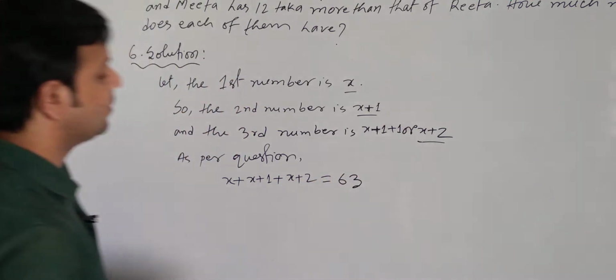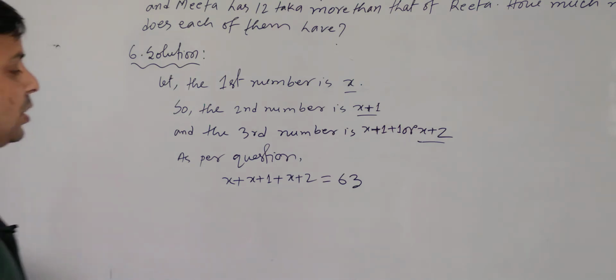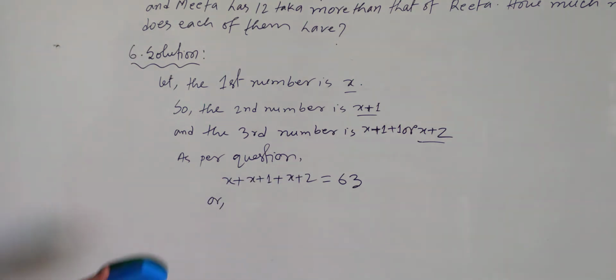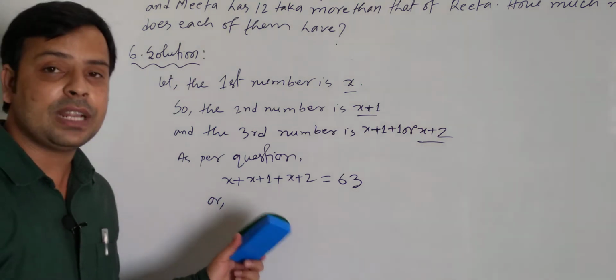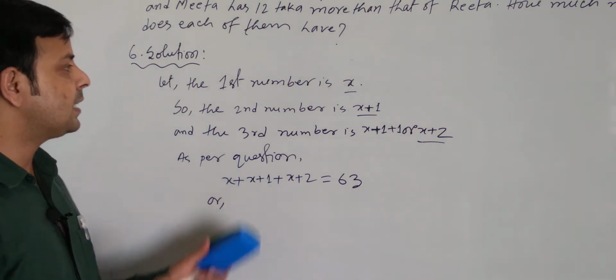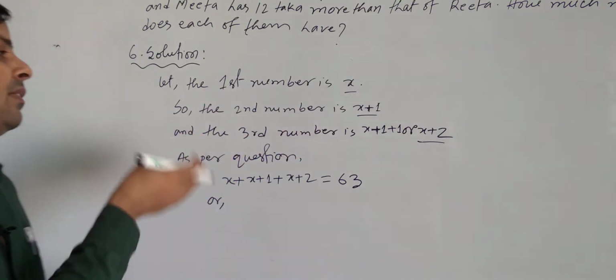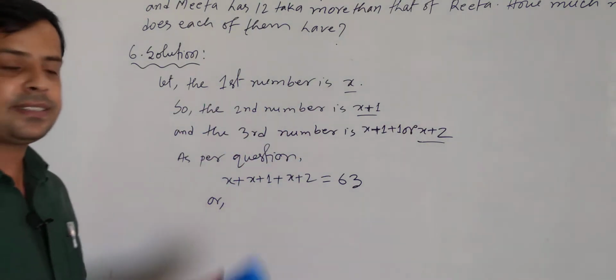This is given. So we can solve this equation now. By solving this equation we will get the value of x. The value of x means the first number. If we get the first number, then we will get the second and third numbers easily.